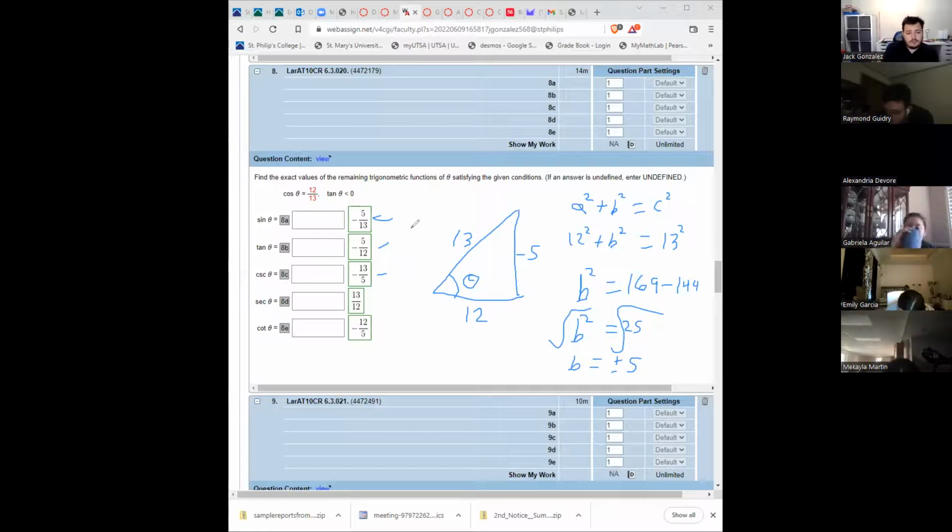Any questions on problem 8 here? Okay. So it's almost the exact same thing we've been doing over and over again. You just need to keep in mind the minus sign or positive. That's the only new thing here.